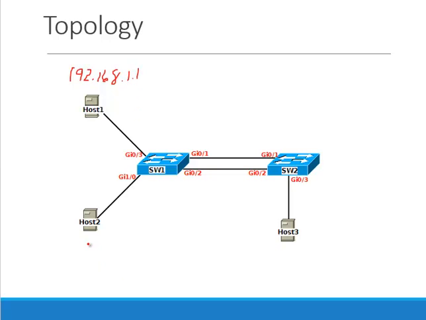And then this guy down here will be 192.168.1.2. And over here he's 192.168.1.3. So you'll see they're in the same subnet right now. And they're also all in VLAN 1 by default, right? Okay. So then let's go ahead and demonstrate configuring VLANs and how they're going to react.